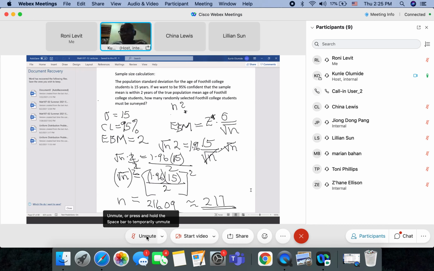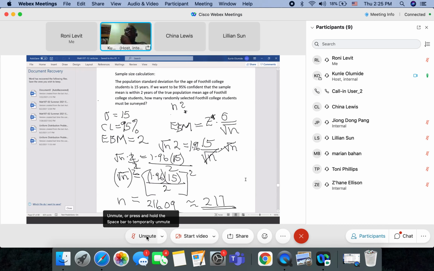Or if you just leave it with the decimal, I'm also going to deduct some points. If you're doing the sample size calculation, it doesn't matter how small your decimal part is, you're still going to round up to a whole. Is that clear now? Yes, it's clear, Professor.